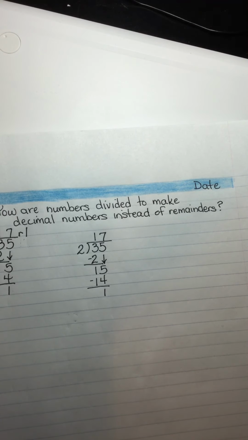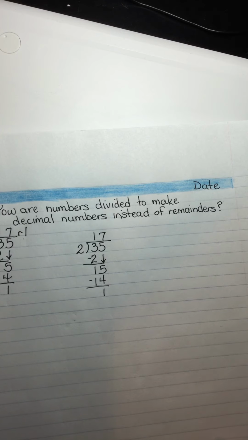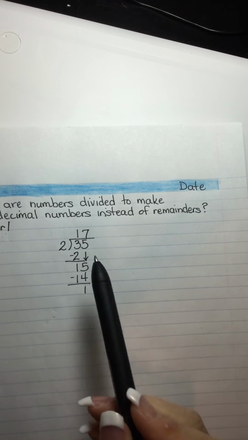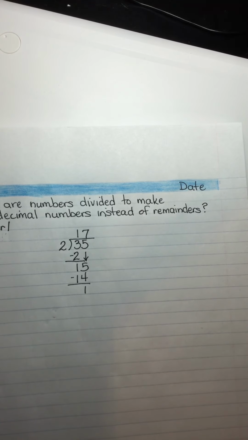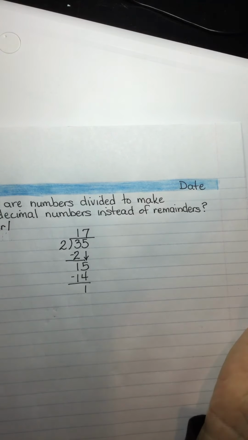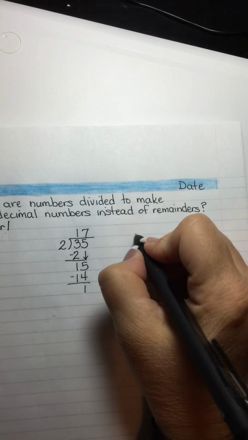Now we're going to do something that we don't think of very often, because whenever we write a whole number like 35, we just write 35. But there's another way to write 35. There's something that I like to call, and this isn't a technical math term, but it makes sense when you think about it, the invisible decimal.